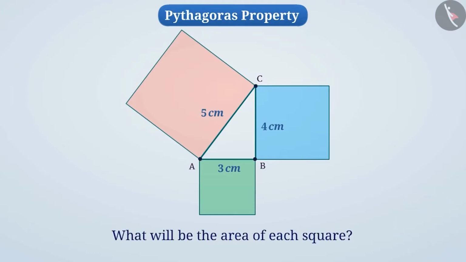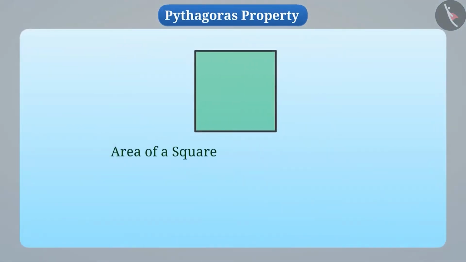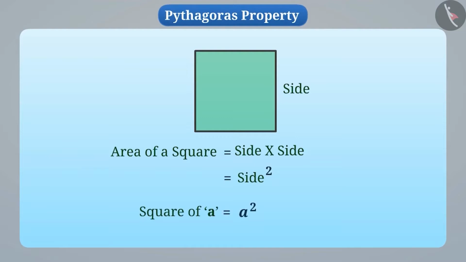Let me tell you. Area of a square is equal to side multiplied by side, which we represent as side square. Note that whenever you see 2 written above any number a, we call it the square of the number a. This means that the number a is being multiplied by itself twice.